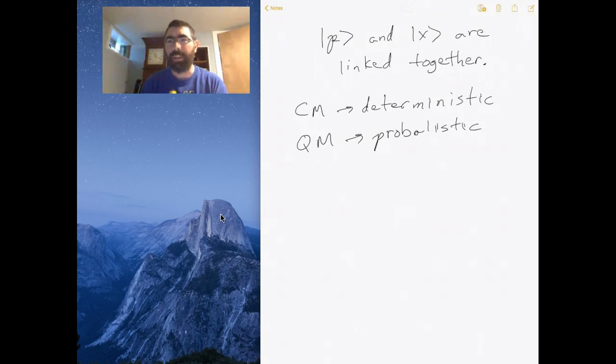Meaning that I can make a prediction, but this prediction is only telling me what the most likely outcome is going to be. I can't determine with 100% certainty, I should say, that if I take one proton and collide it with another proton, is that collision going to create a pion? Is it going to create another proton? Is it going to create the Higgs boson? It depends on the probability of something occurring.